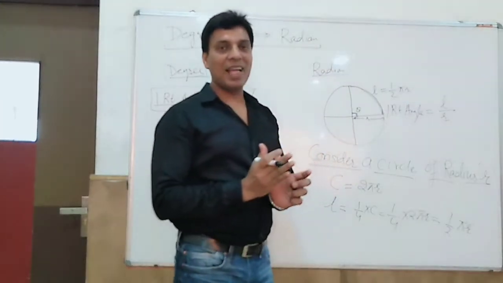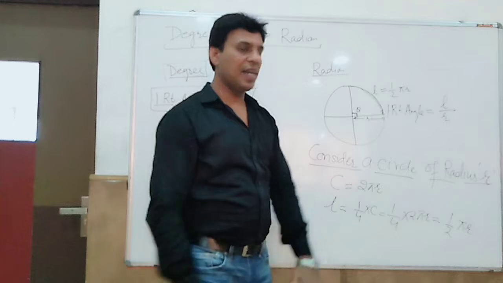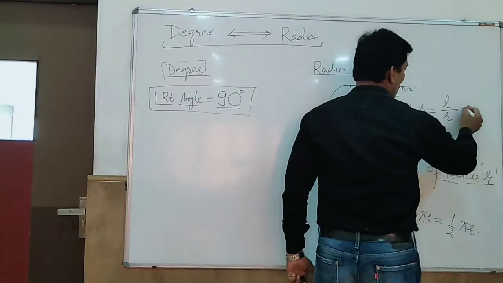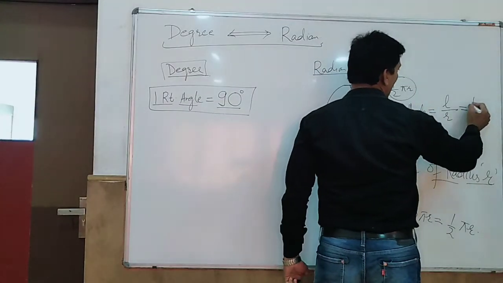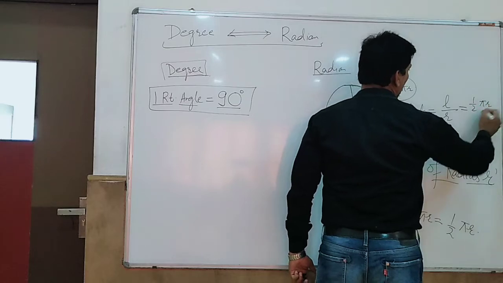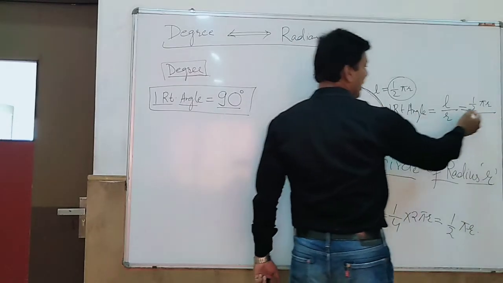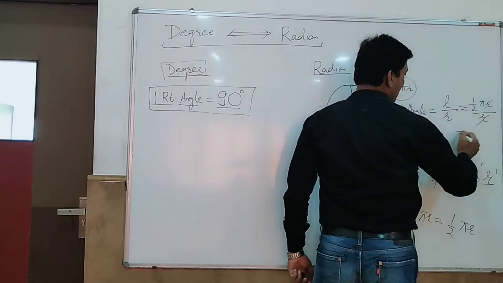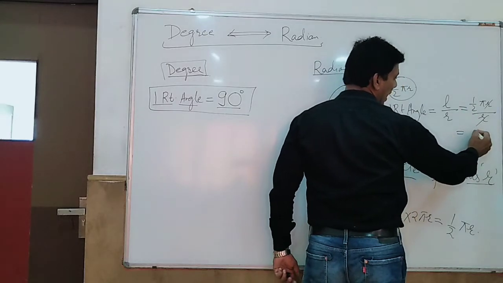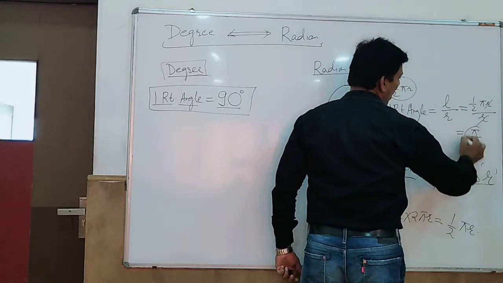Remember the formula, angle is equal to arc upon radius. So what is the arc? Half pi r. And what is the radius? Obviously r, cancel. So you have half pi, and half pi can be written as pi by 2.